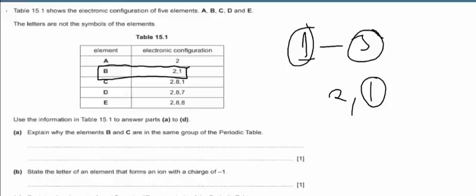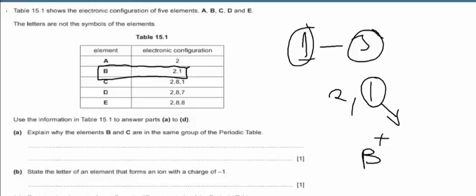Meaning B is found in group 1. Therefore, for it to be stable, it is going to lose this 1 electron. Once it loses 1 electron, it is going to become a cation by forming a positive charge on top here. Why is it going to form a positive charge? Because it is losing 1 electron.